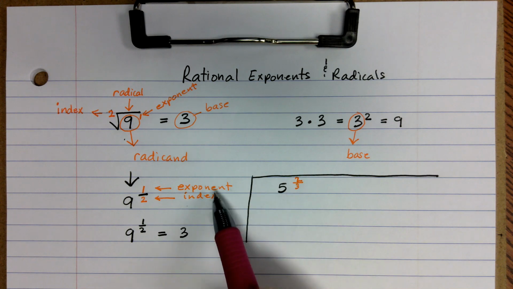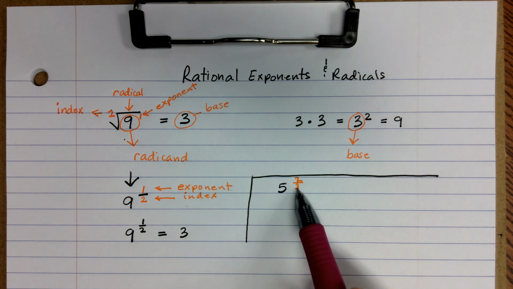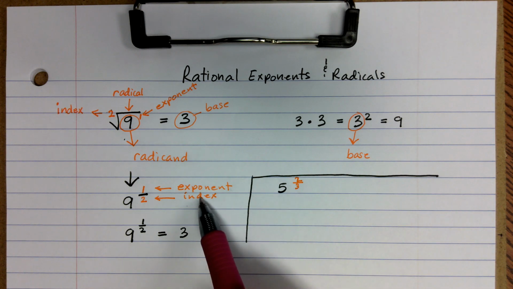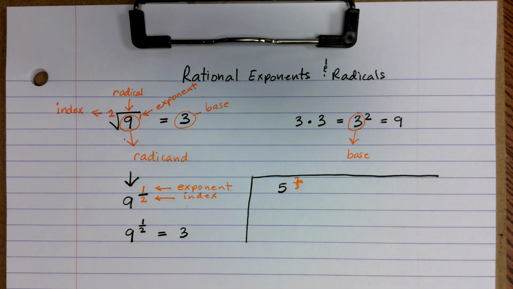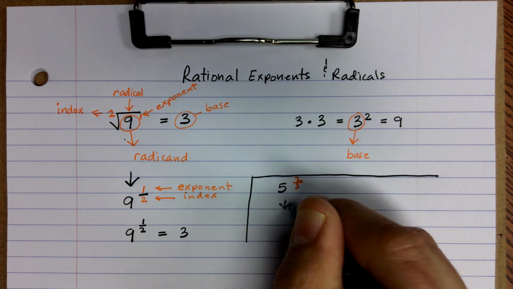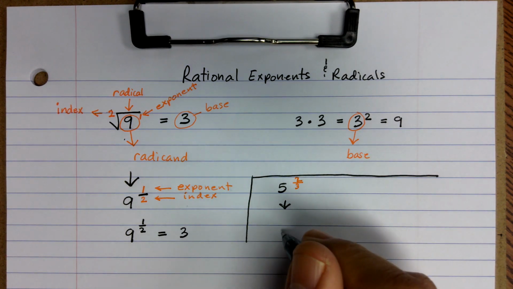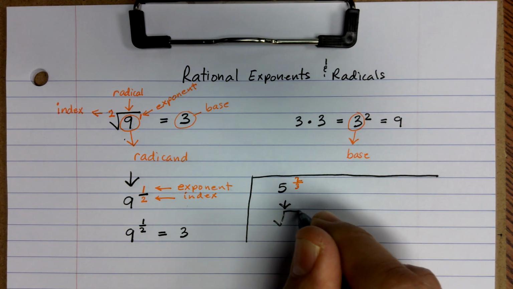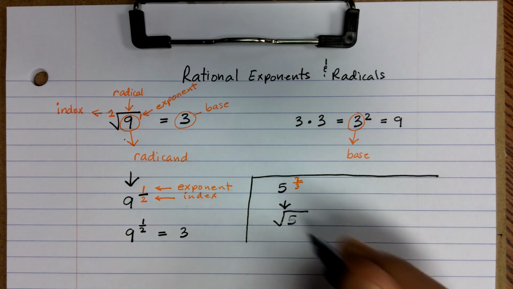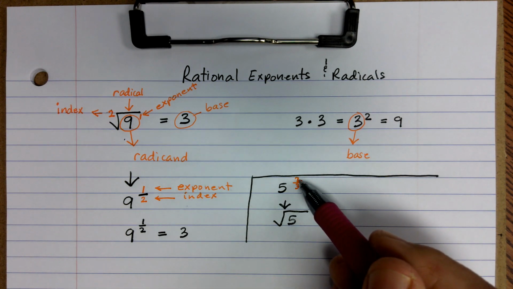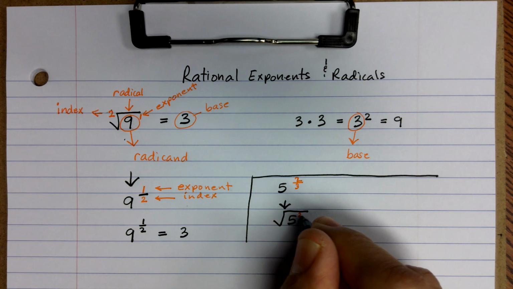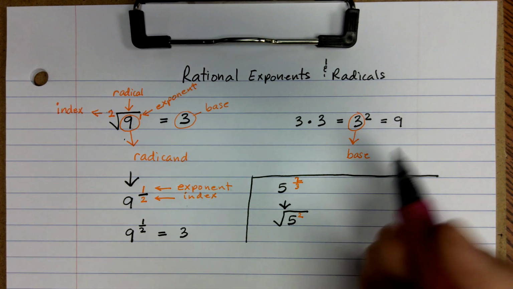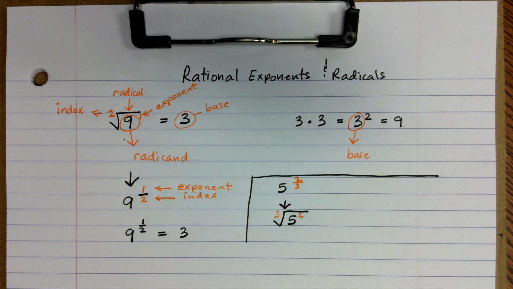Remember that the top number is our exponent of the radicand, and the bottom number, the denominator, is the index of our radical. So if I wanted to rewrite this, I could put a radical, put a 5 in there, and since the numerator is 2, I put a 2 for the power. And since the denominator is 3, I put the 3 for the index.